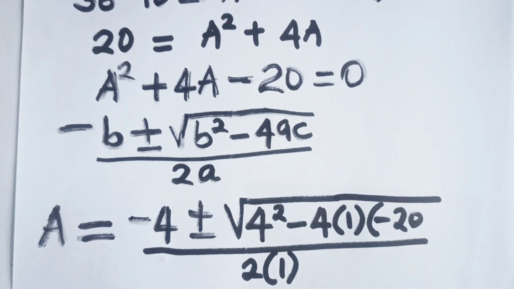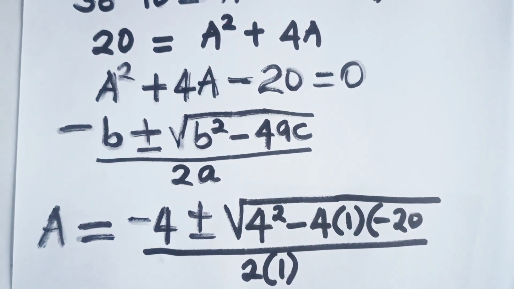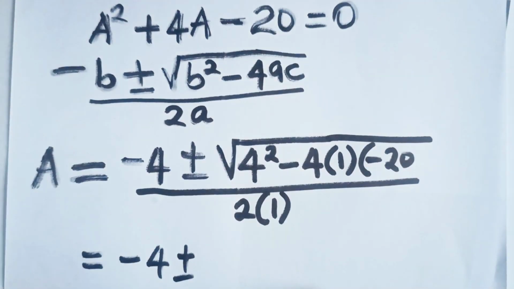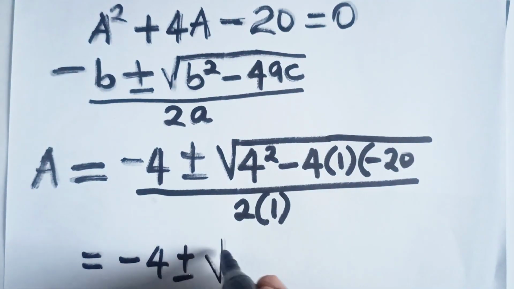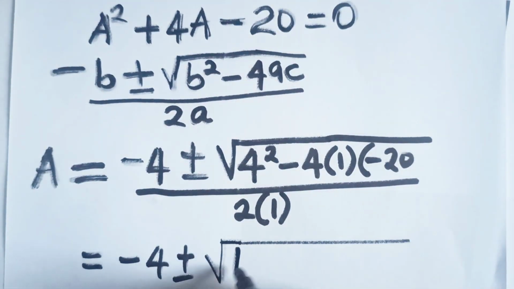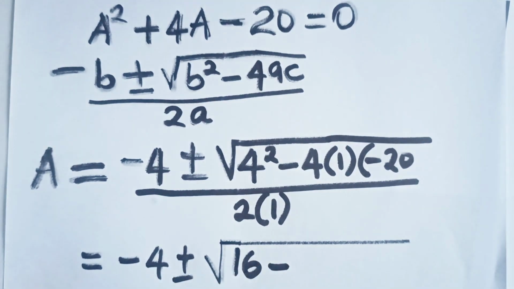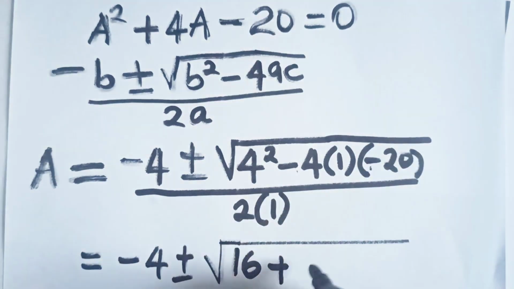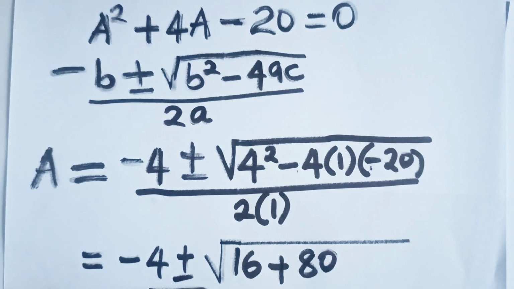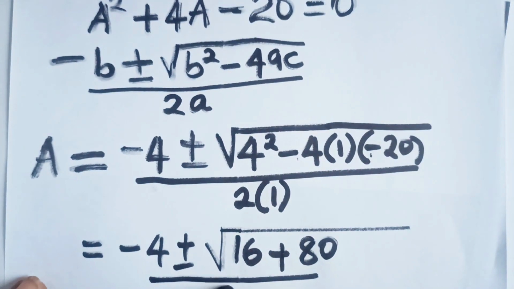So we will have A equal to minus 4 plus or minus square root of 16 minus, times minus gives us a plus, so this will change to plus. 16 plus 4 times 1 times 20, we have 80, all divided by 2.